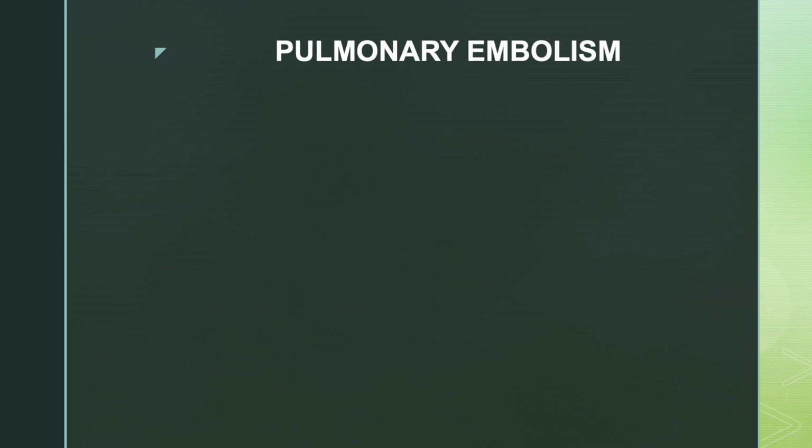So some of the features include, for example, signs like sinus tachycardia. Tachycardia, and very rarely you may have hemoptysis. Usually there can be a history of some procoagulant state where there is increased risk of thrombus formation, for example DVT.